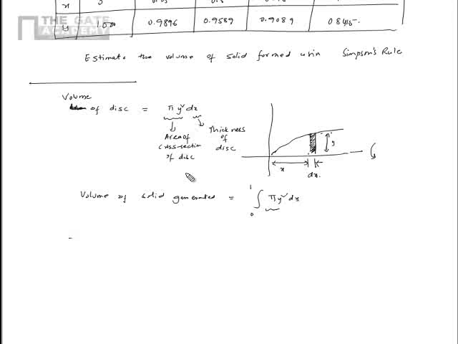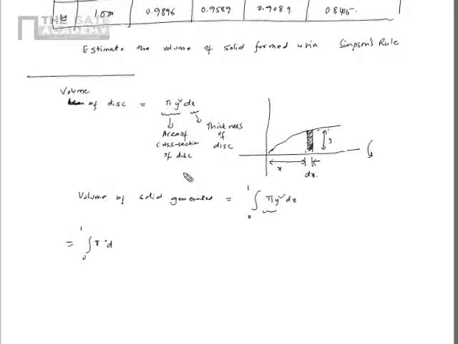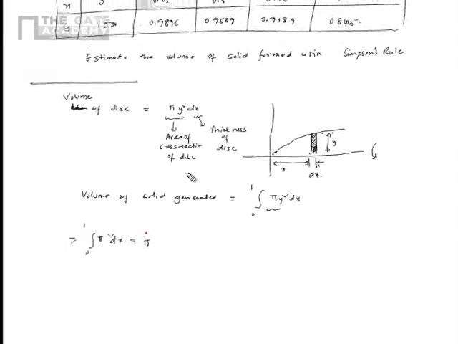So let's calculate this. Integral from 0 to 1 of pi y square dx, and by Simpson rule this will become pi into h by 3. Now the end terms you have to just add.